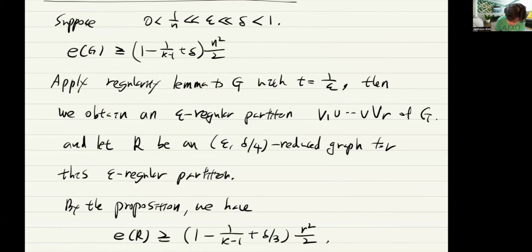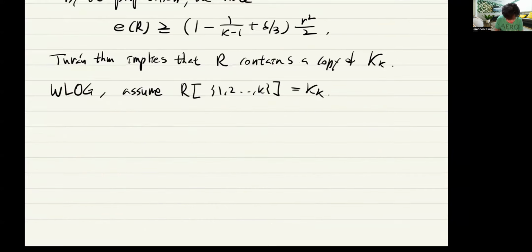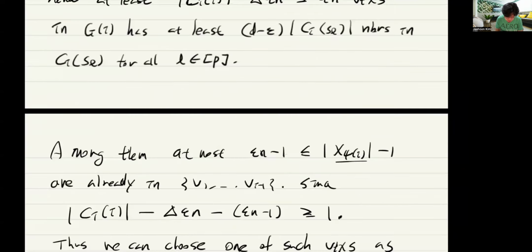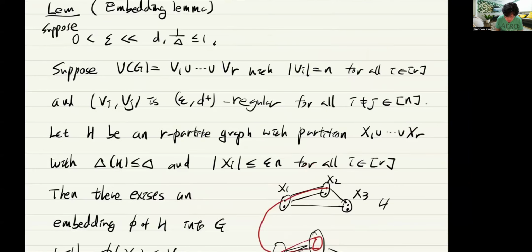Then, as we assume this, and technically here you have to also write 1 over k, you can now apply this embedding lemma to these parts B1 to Bk.